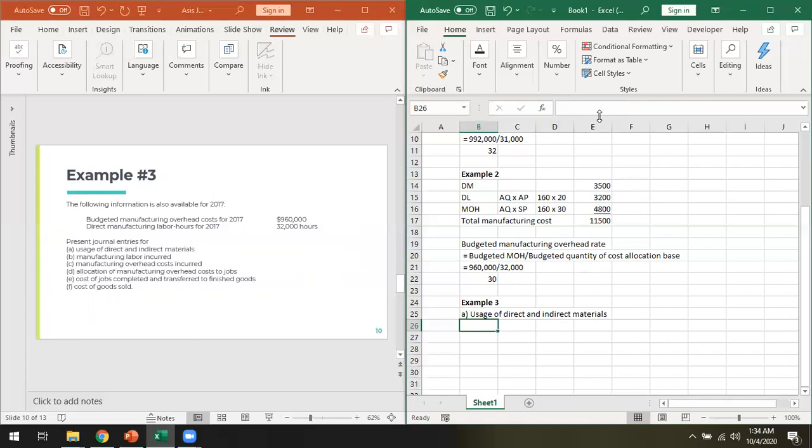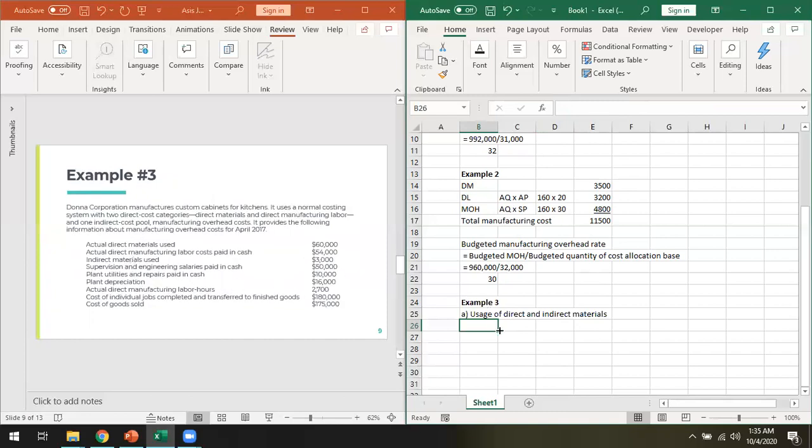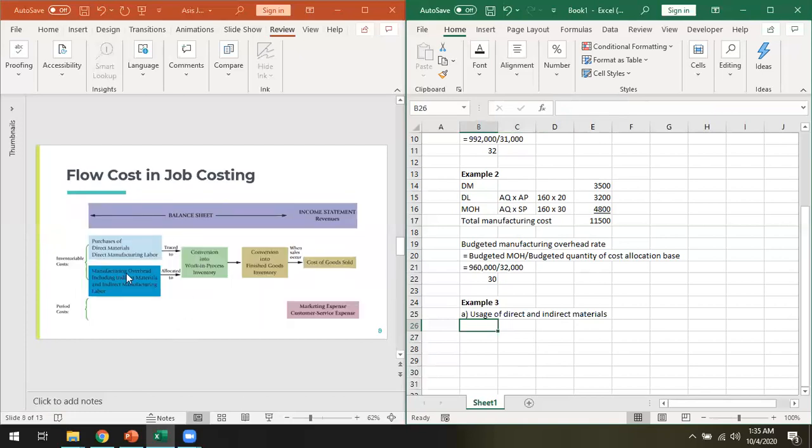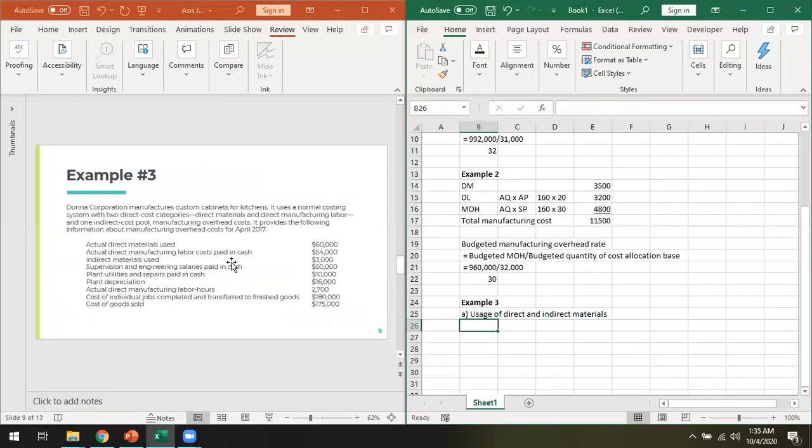So for the usage of direct and indirect materials, first we look at the direct material. So we know that from this diagram, we trace or we convert the direct material used as work in process inventory.